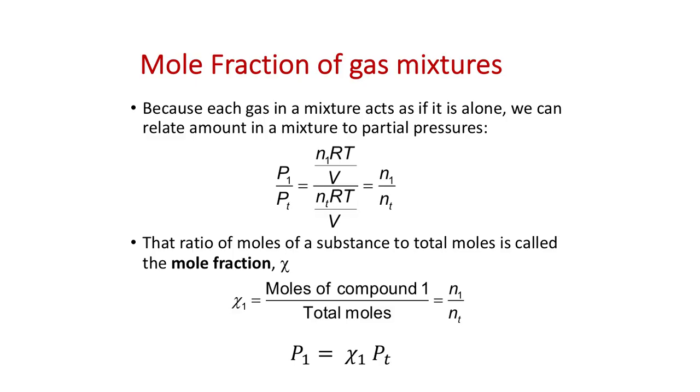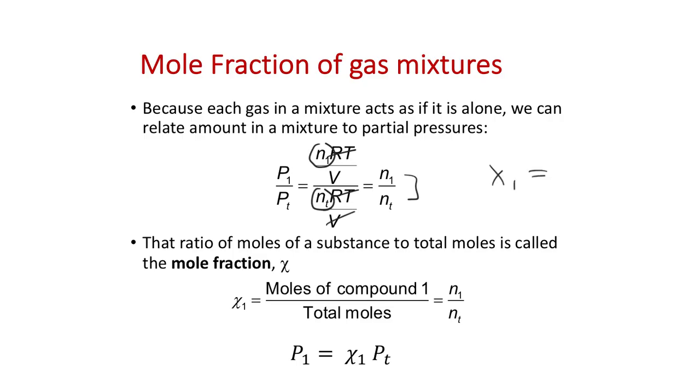Now, because the gases are at the same temperature and volume and the gas constant's the same, it reduces P1 over the total pressure to be equal to N1 over the total number of moles. And N1 over NT is also a value that we call the mole fraction.